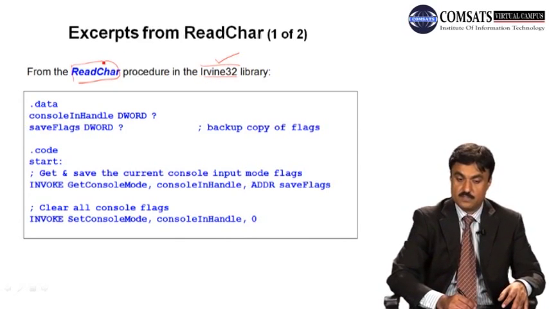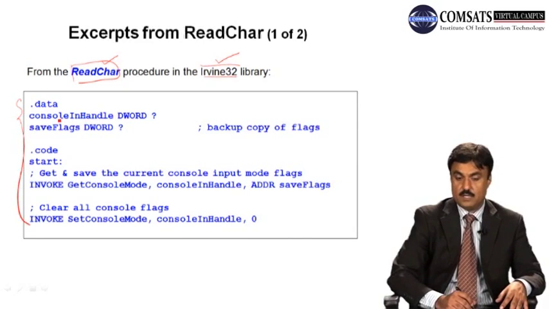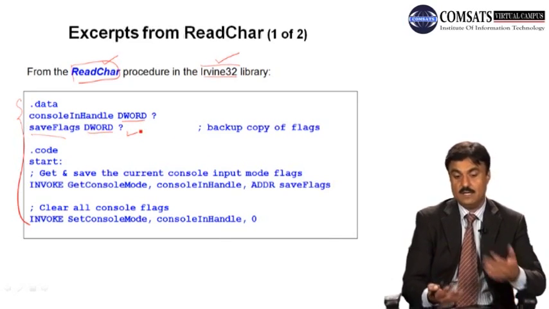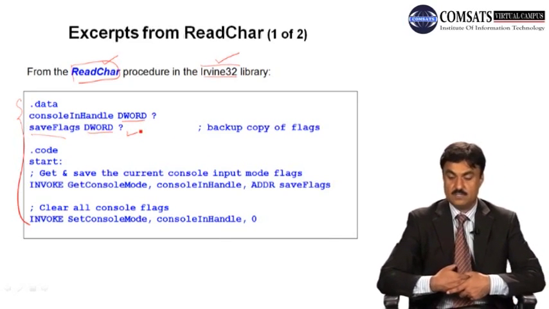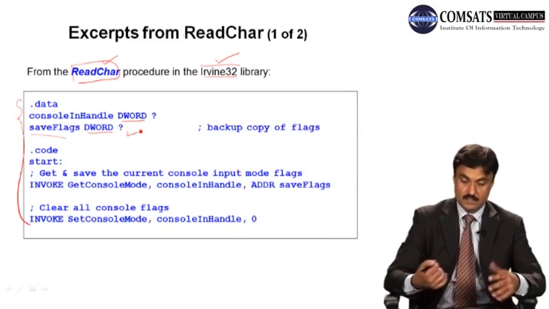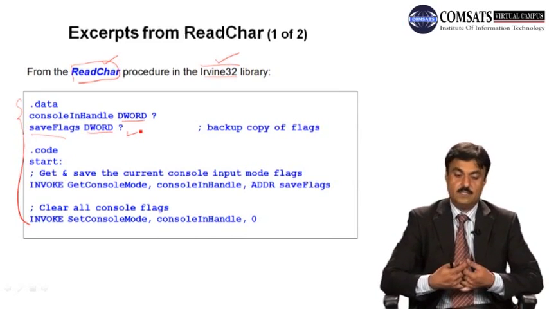One of its functions is called ReadChar. So how does this ReadChar function work? For example, we have a console handle, a double word, and we have saved flags. First, this is the backup copy where we save the flags. Then we assign these flags to the console mode, read the character, and then set the console mode.